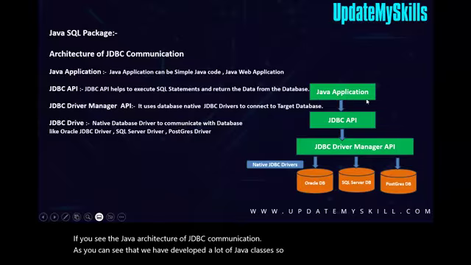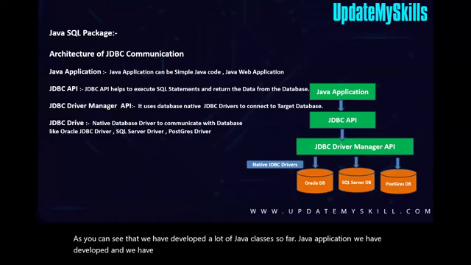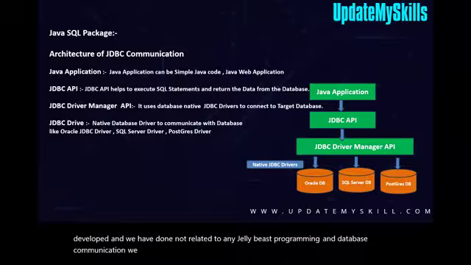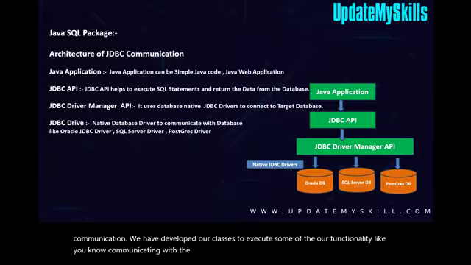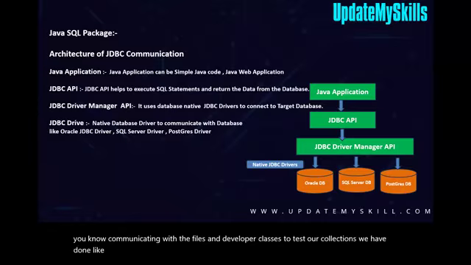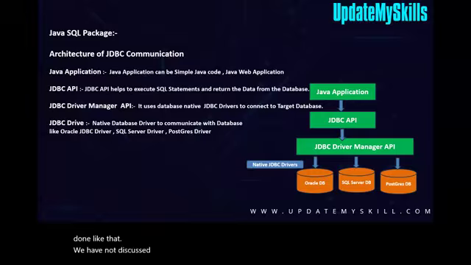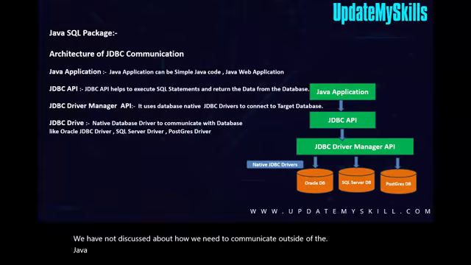Java applications we have developed are not related to any JDBC programming or database communication. We have developed our classes to execute some of our functionality, like communicating with the files, and classes to test our collections. We have not discussed how we need to communicate outside of the Java program to communicate with a database.